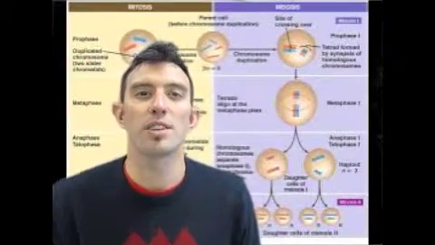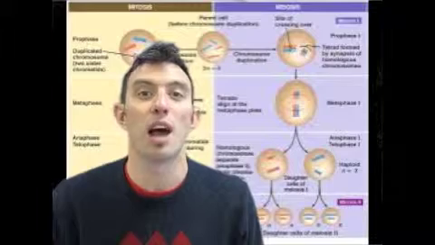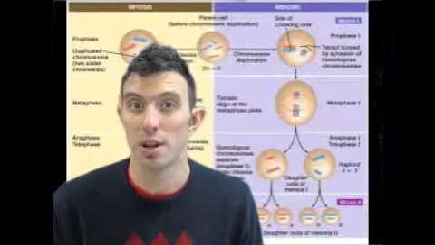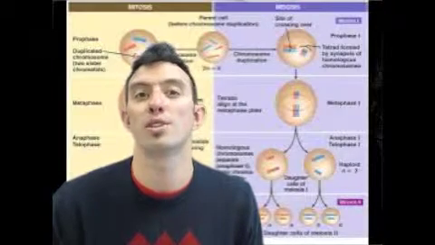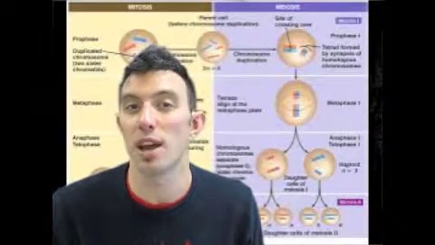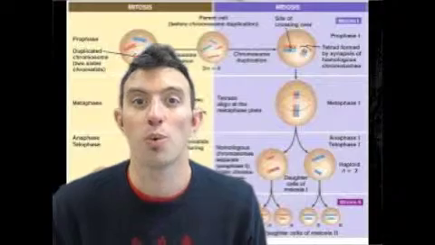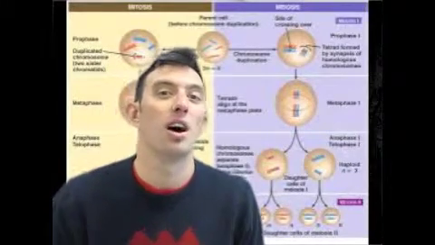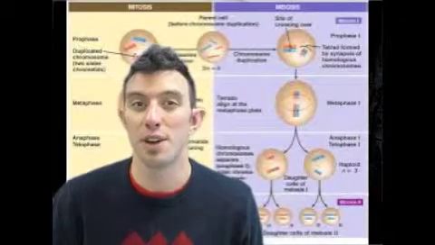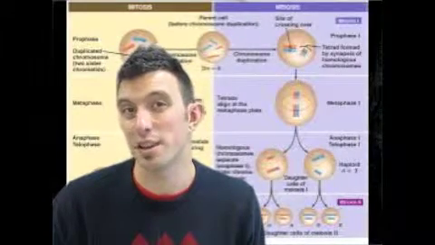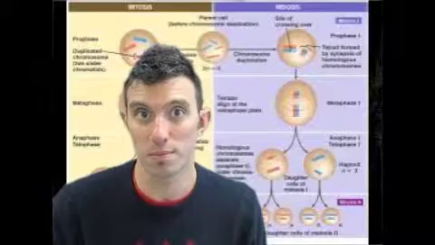So now that we understand the differences between the terms haploid and diploid, and now that we understand the significance of what it means to be a homologous pair of chromosomes, we need to now focus in on the steps or phases of meiosis and how they differ from the steps or phases and stages of mitosis.